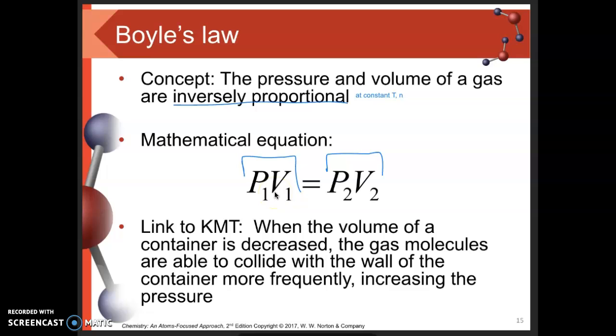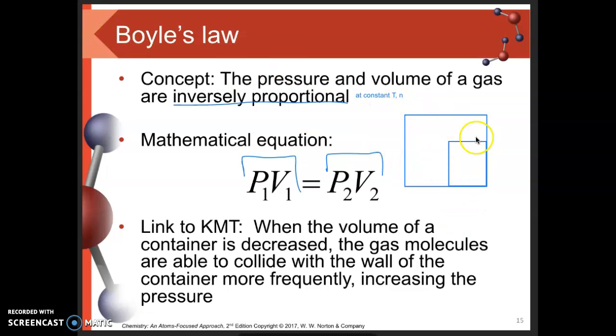Now, the other way that we can look at this is from the standpoint of kinetic molecular theory. And with kinetic molecular theory, again, we had those assumptions that we made. And what we can say with relation to that theory is that if we shrink down the volume of the box, so let's say that our container was this big, but now it's only this big.